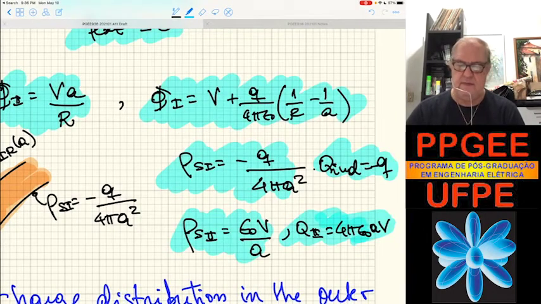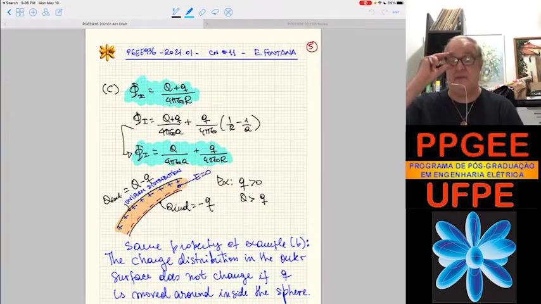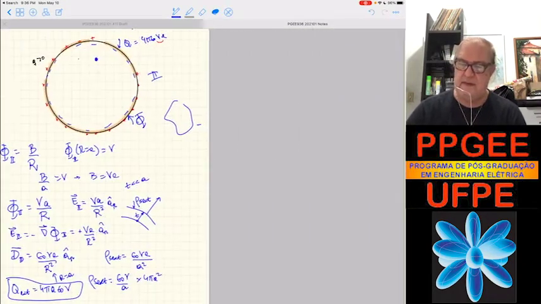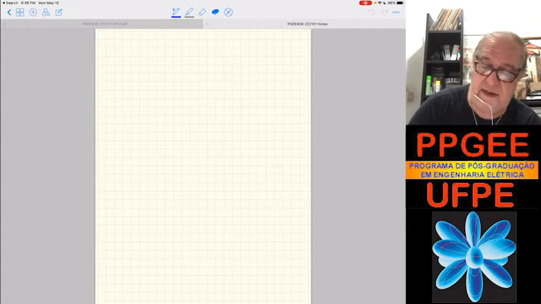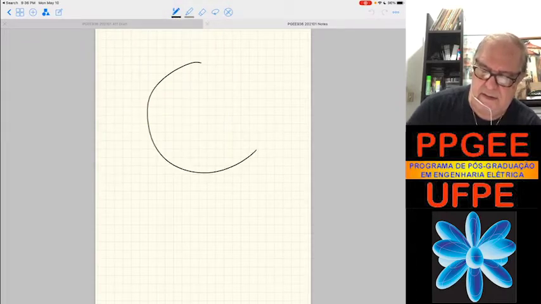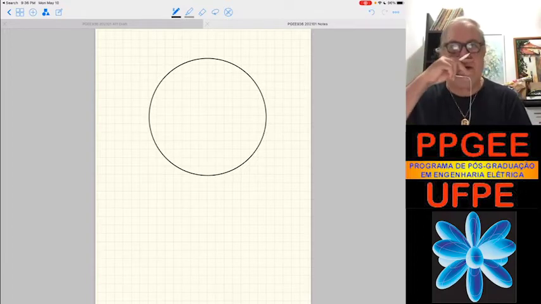Now, in the third example here, the third problem is a problem C, right? So, sorry, let me make a drawing here quickly. We have the spherical conductive shell.